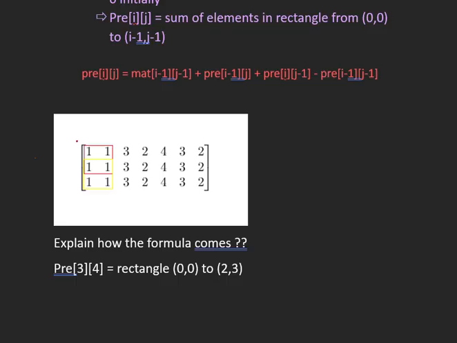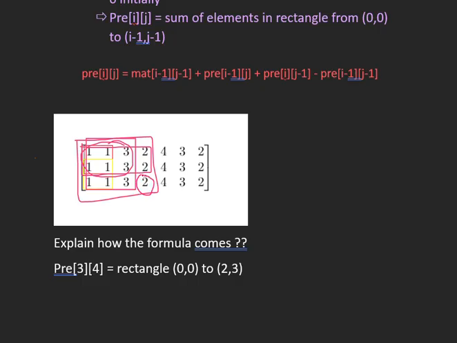To calculate the sum of all the elements of this rectangle, instead of iterating, we have already calculated this one, and we also have calculated this one. If we add both of these, this part is common, meaning it is added two times, so we have to subtract this part, and we also need this element.